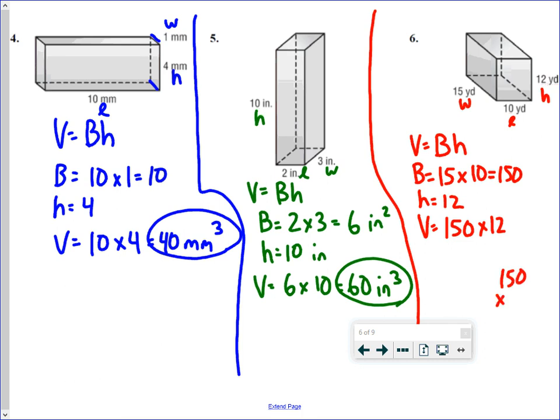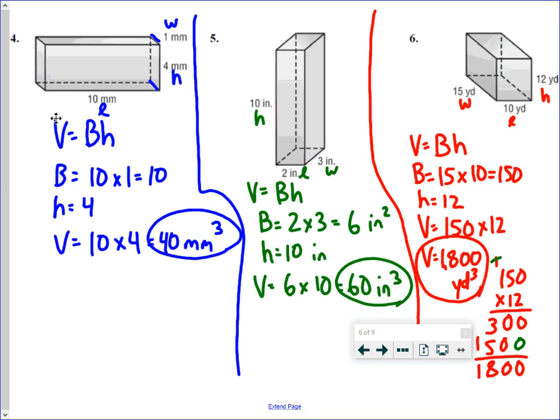So 150 times 12, 0. 2 plus 1 is 3. Cross that out, do the next row here. Put our place value holder. Then we have 0, 5, 1. So 1,800 yards cubed.